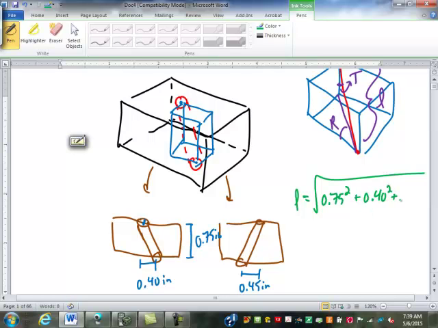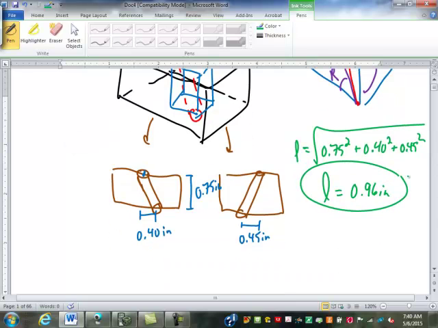So 0.75 squared plus 0.40 squared plus 0.45 squared, which comes out to be 0.96 inches. 0.9617. Okay, perfect. So if we wanted to go to 3 digits, 0.962 is where it would be.